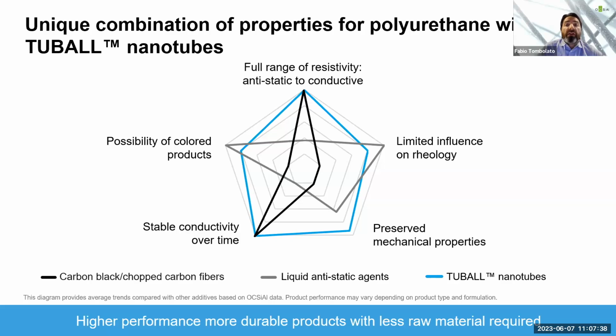Graphene nanotubes will have a very limited influence on the rheology of your material, and they will not affect negatively, or even they will improve, the mechanical properties of the material. And again, thanks to the very low working dosage, it is possible to develop colored products. And I will show you later in the presentation.